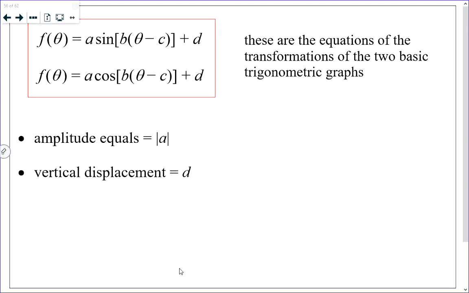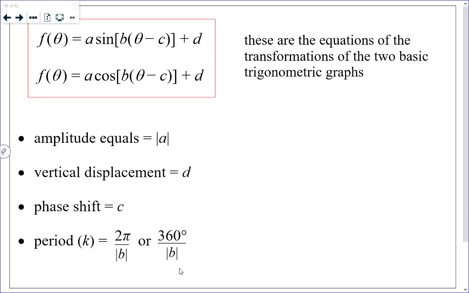So if you have a graph that has a maximum of 100 and a minimum of 50, then you should be able to reason out that the vertical displacement is halfway between 50 and 100, which is 75. The phase shift is c. We'll come back to that in a second.